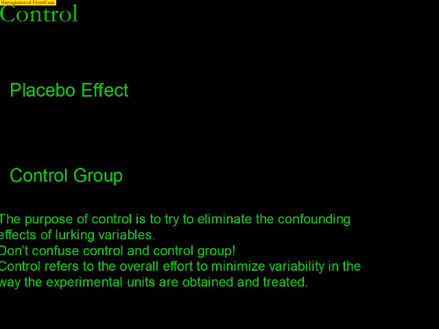Control. We're going to control the placebo effect. So our control group, like I told you before, is to eliminate the confounding effects. Don't confuse control and a control group. Control is how we try to minimize variability, and a control group is a group who gets a fake treatment.